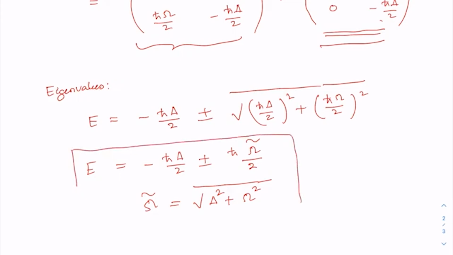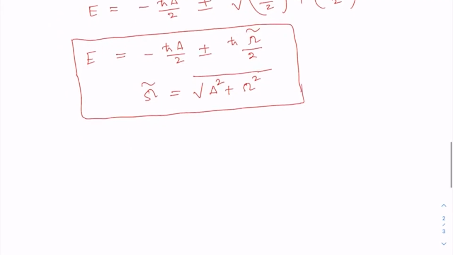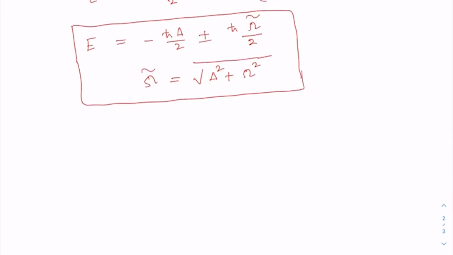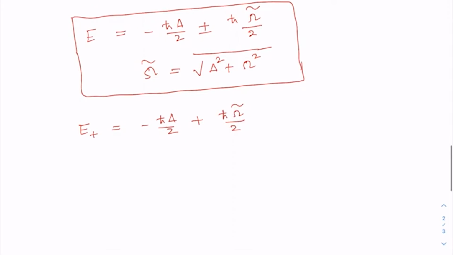Now the next thing that we have to do is to find the corresponding eigenvectors. So let us do that. For the eigenvalue E plus, which is minus ħδ/2 plus ħΩ̃/2, let me say this is represented by this ket |+⟩, and I can express any eigenstate or any state as a superposition of basis states.